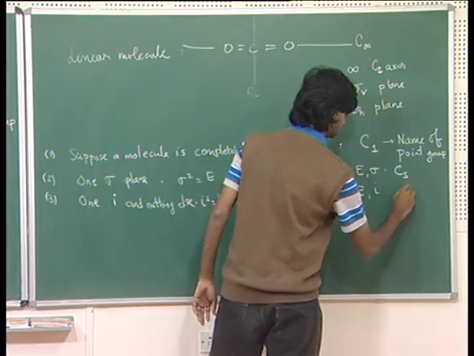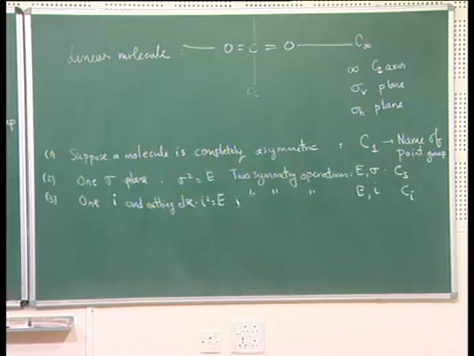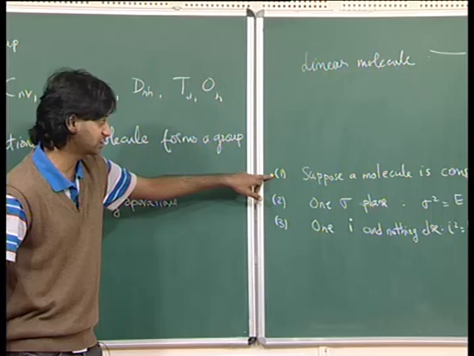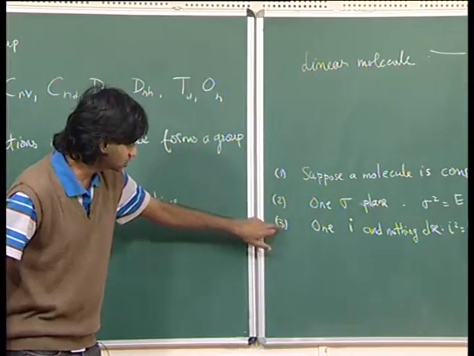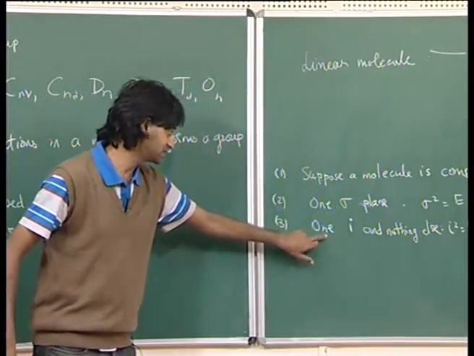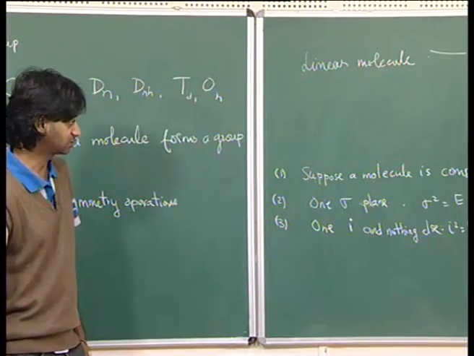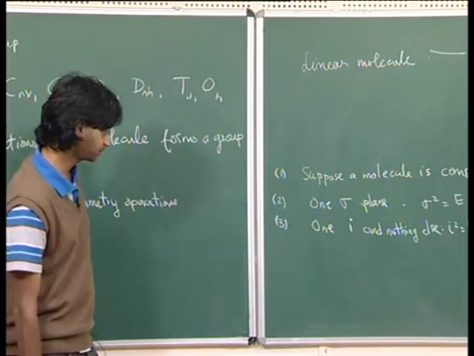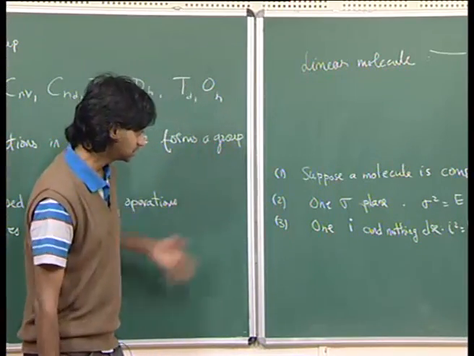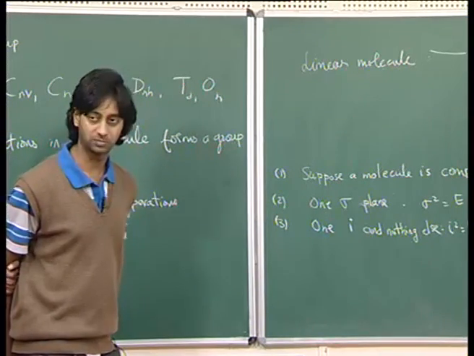So this is denoted by Ci. Okay, so these are groups with just one symmetry operation, which is identity. These are groups with two symmetry operations, identity and one sigma, and in this case identity and one center of inversion, one inversion operation. So these are pretty much the groups that you can form with just two symmetry operations.